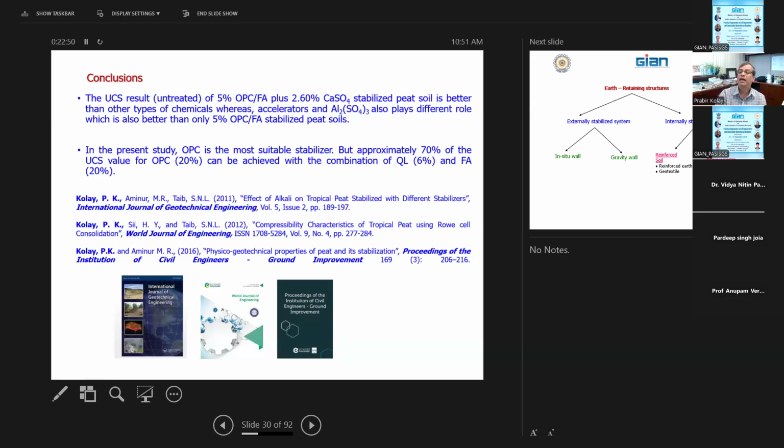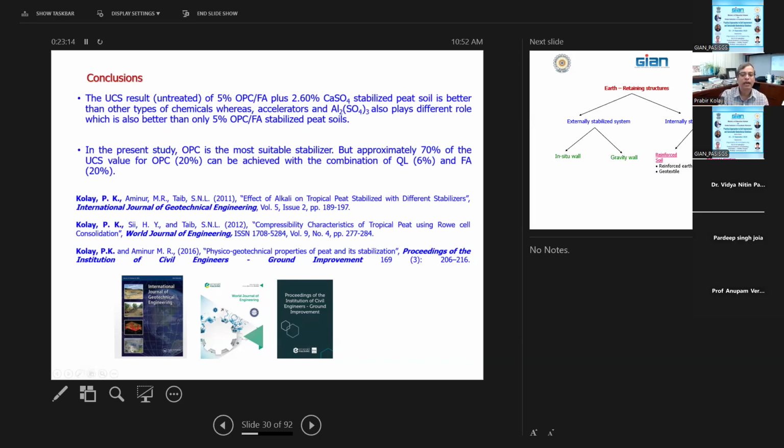What we did, because the peat is acidic, since it has humic acid and fulvic acid, is neutralize that acid with sodium hydroxide first, and then add different chemicals and different stabilizers. Also, that paper.